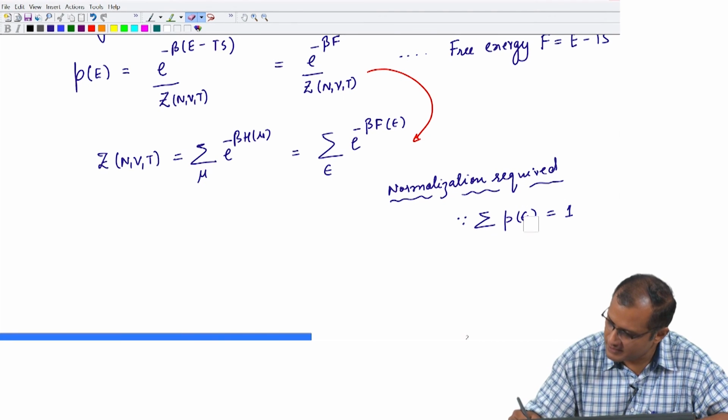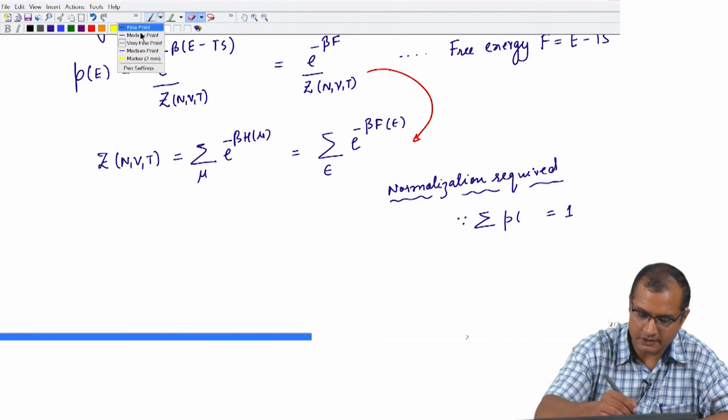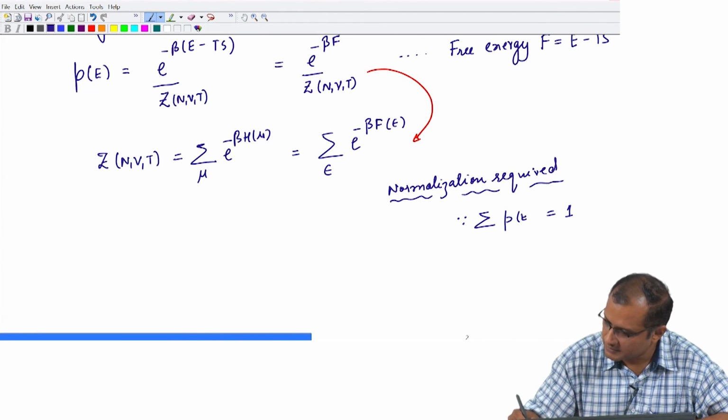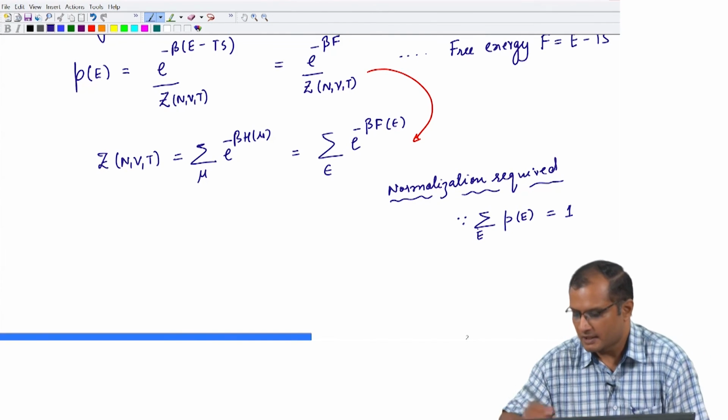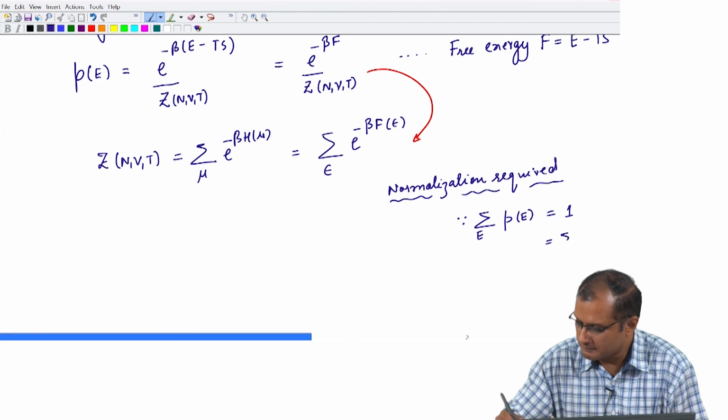All possible energies that my system can take, if I sum over all the probabilities, it should be 1, as shall be the probability of finding a system in a microstate.